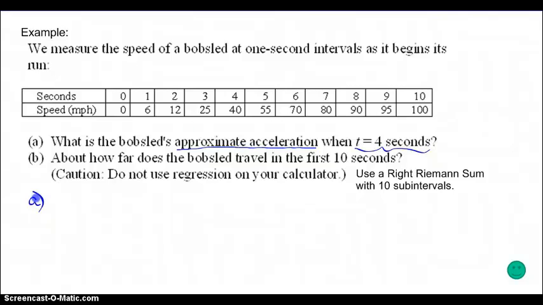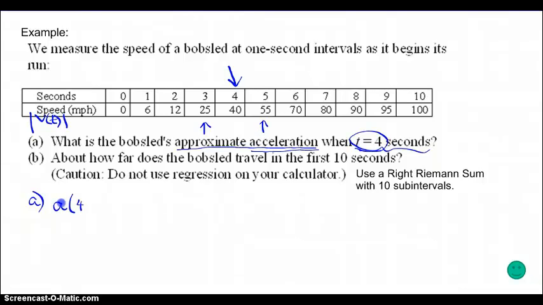Well, we can approximate the slope of the tangent line because on velocity, that's what speed is, the absolute value of velocity, right? The slope of the tangent line is acceleration. So this is just a fancy way of saying approximate the slope of the tangent line at t equals 4 seconds. Well, remember, we do that by going to points on either side and finding the slope through there.